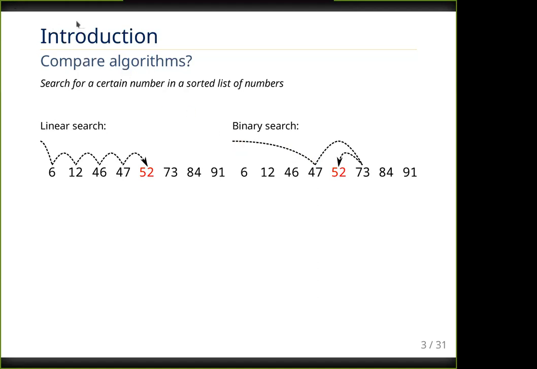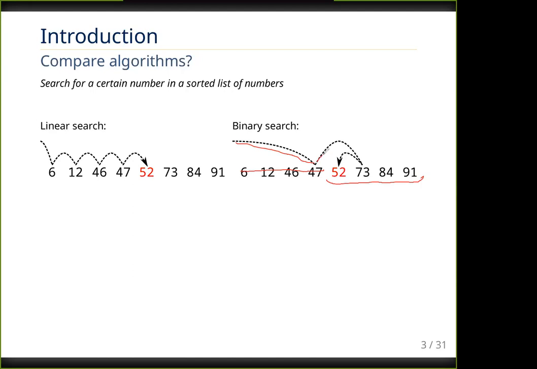The rationale here is that when you're looking for 52, and so you go to 47, 47 is smaller than 52. So you know that because the list is entirely sorted, there's really no reason for you to consider any of those numbers. You can directly go to the remaining elements.